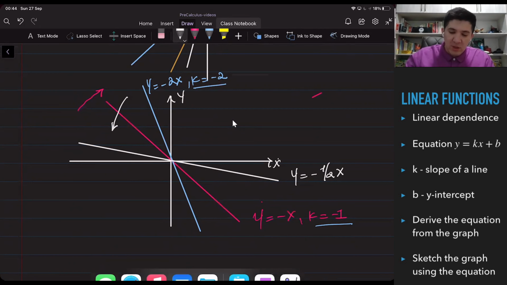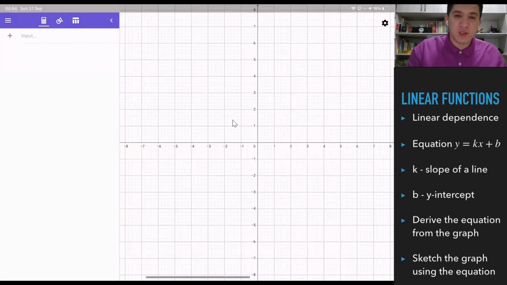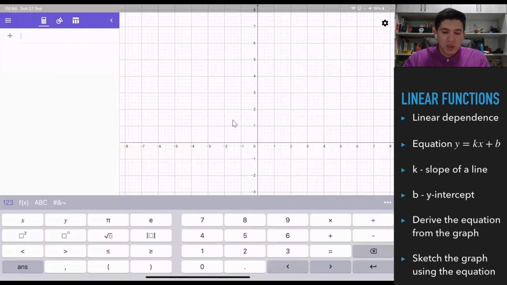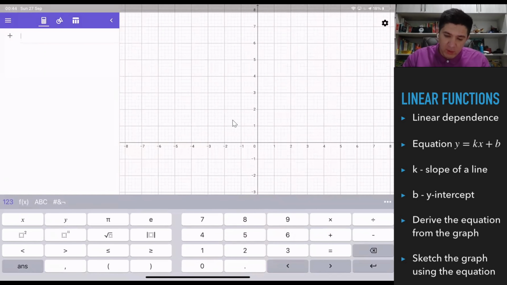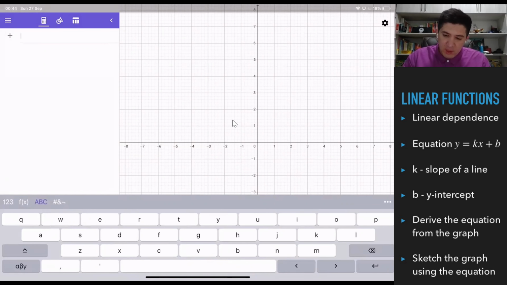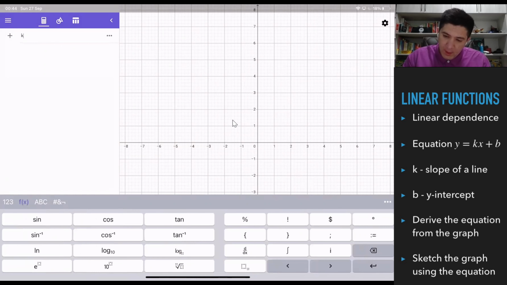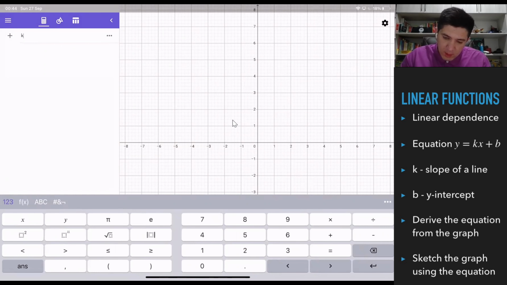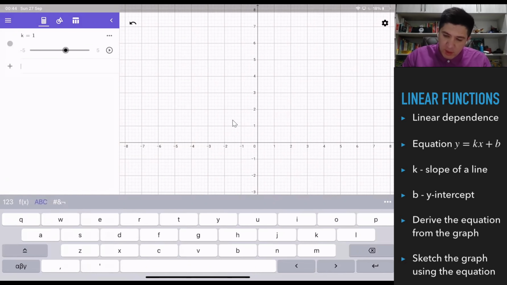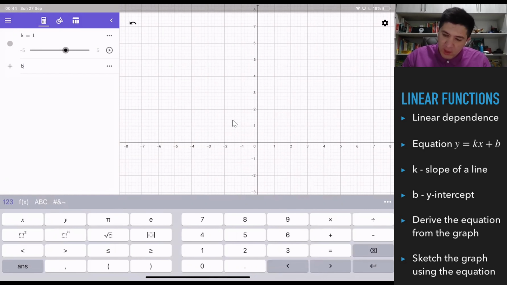So I'm going to use an application called GeoGebra to understand how k and b are changing. Here I would like to enter, first of all, the values. Let's say k is equal to 1, and I also need to define b. b is equal to 0.